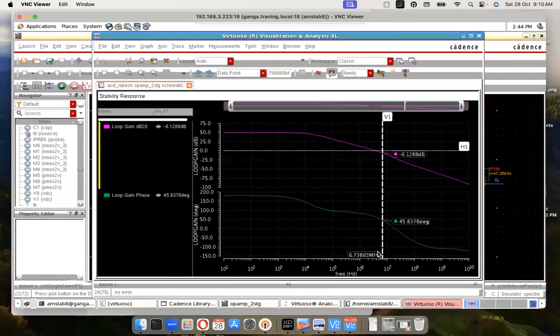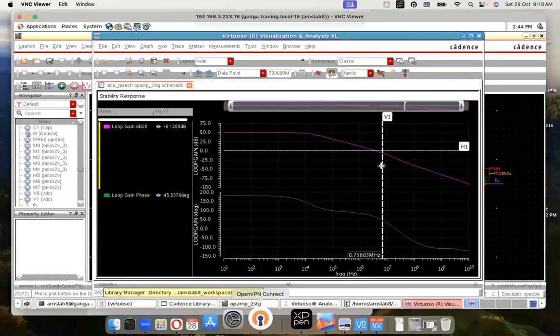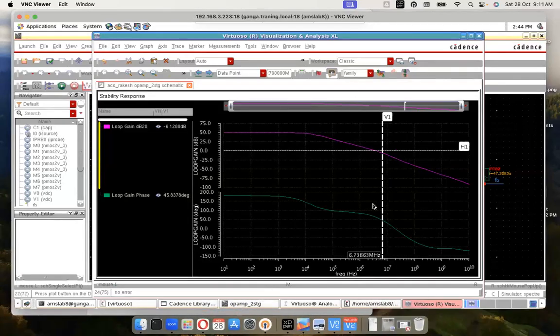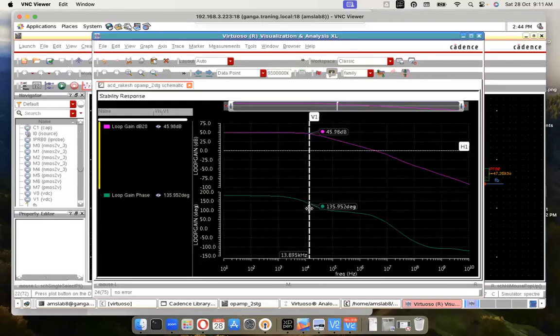Whenever you have the phase, every pole is supposed to give you 90 degrees of phase shift. So exactly when the 45 degree shift happens, at this position your phase is 135 degrees.